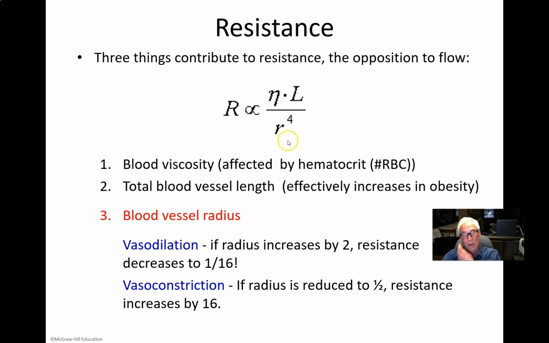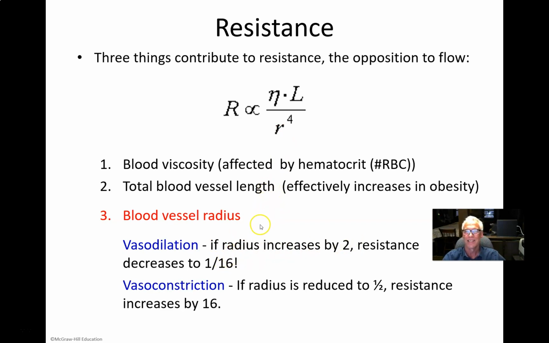Here's the punchline. The radius of the blood vessels. The radius of the blood vessels is inversely related to resistance. In other words, since it's in the denominator, if the radius of the vessels increases, resistance goes down. But it's not just linearly related, it's related by the fourth power in this case. Isn't that crazy? So that means that if the radius of blood vessels increases by 2, the resistance drops by 16 times.